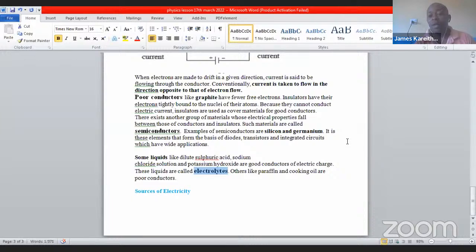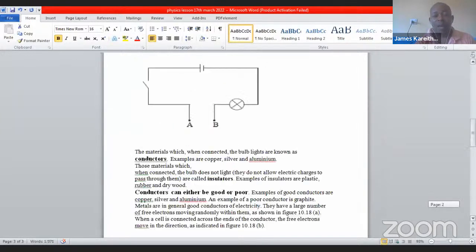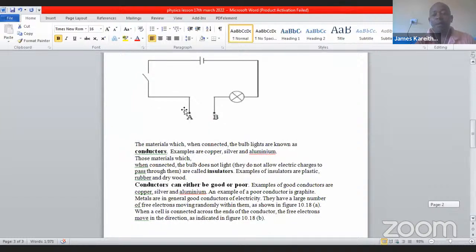So, in this diagram that we have here, if you put a liquid between terminal A and terminal B, it depends on the type of liquid that you are using. For example, if it is sodium chloride or potassium hydroxide, the bulb will light very brightly.